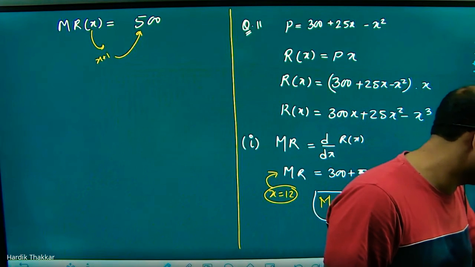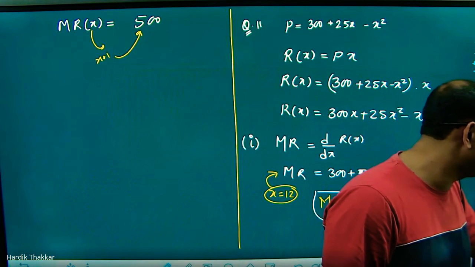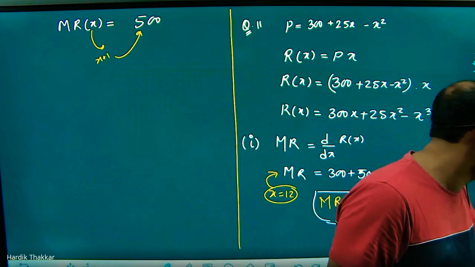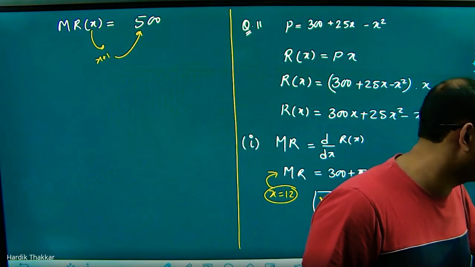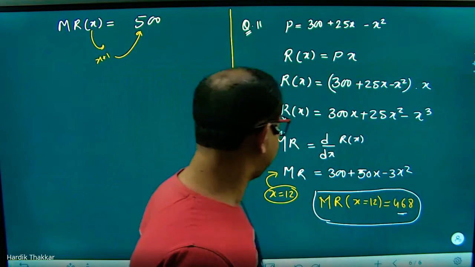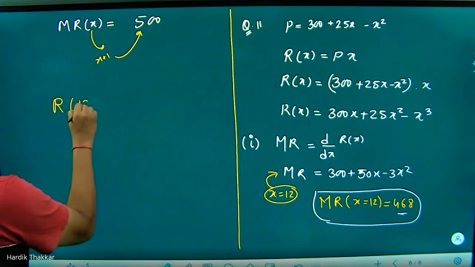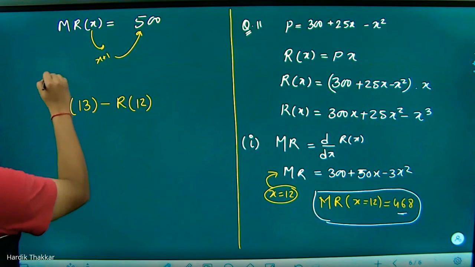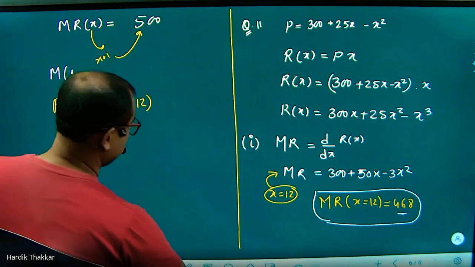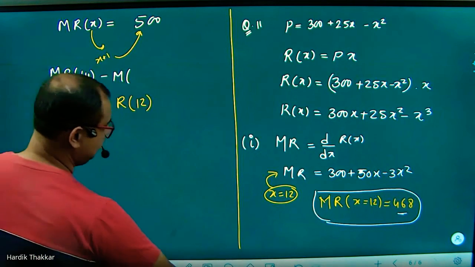Next, the third part of this question. Sorry, I was looking at the wrong question. In the third part we have to calculate R13 minus R12. In order to find R13 minus R12, we have to find MR of 12, MR of 11.